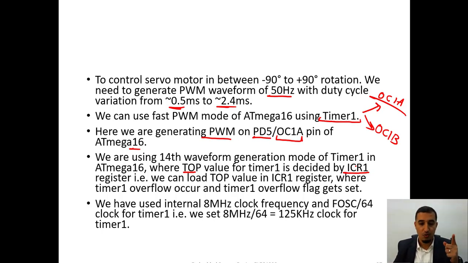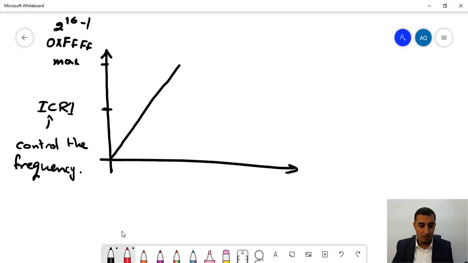Max for counter 1 is 65,535, but top is the value that we are going to use, where the timer 1 overflow occurs when it reaches the top. Now we use the internal 8 megahertz frequency. So what we are planning to do is, let me clear this one over here.